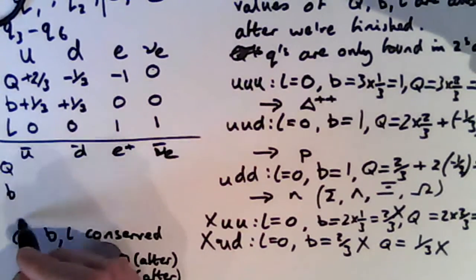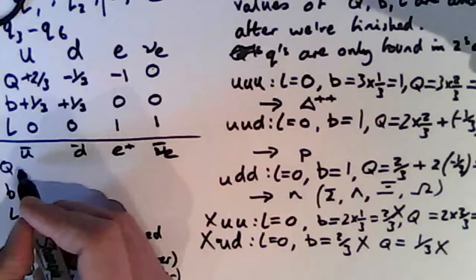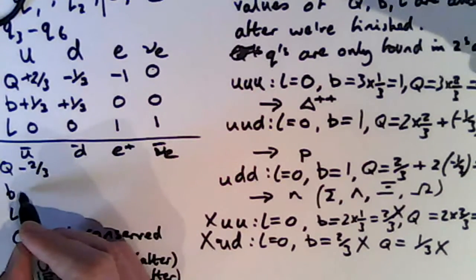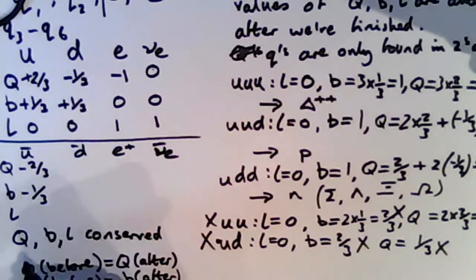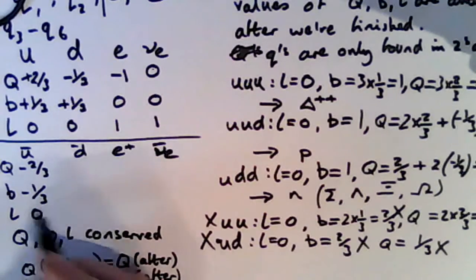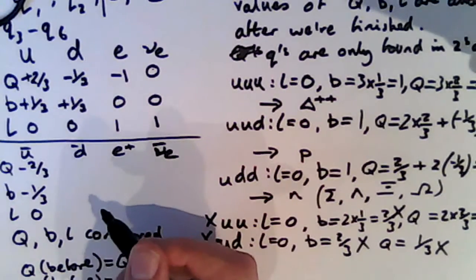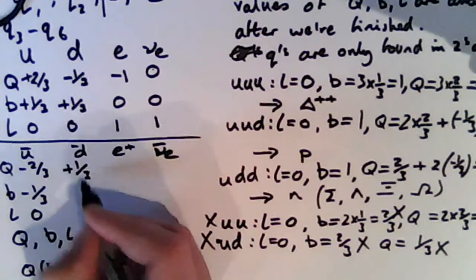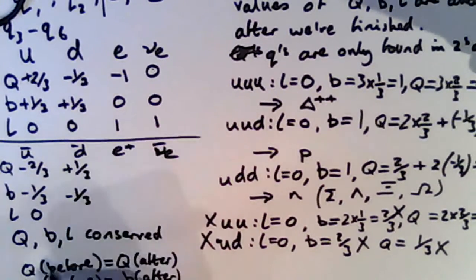So we might draw out a table again. So the charge on an anti-up is -2/3. The baryon number is also reversed as -1, and the lepton number is 0 because it's not a lepton, it's a quark. And doing the same trick, reversing the charge and baryon number for the anti-down.